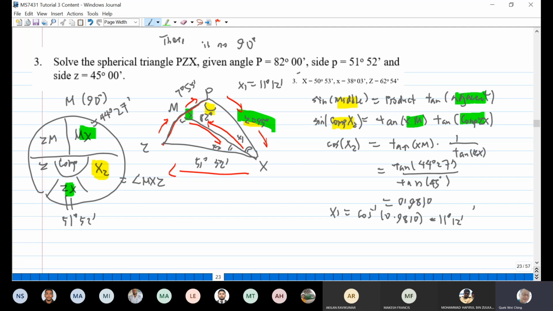Okay, XM is 44 degree 27 minutes, and ZX is 51 degree 52 minutes here. So let's calculate.